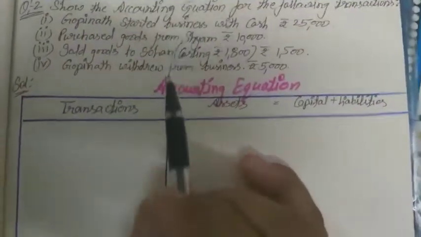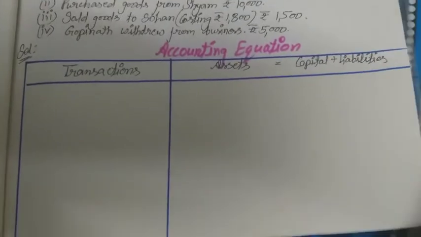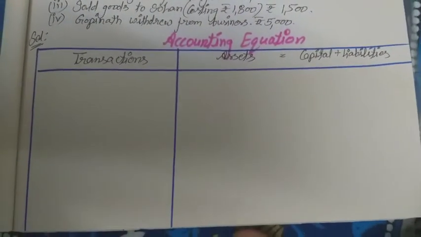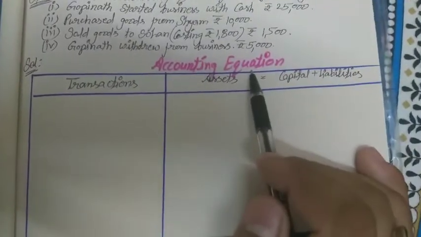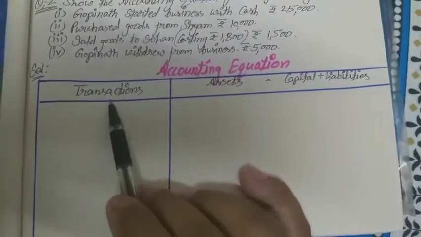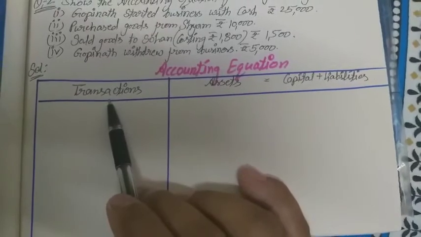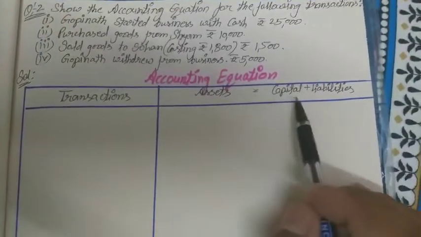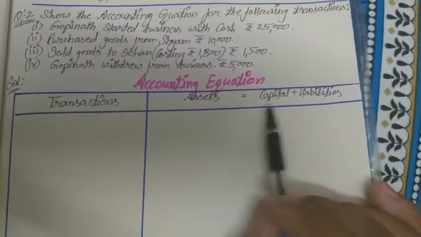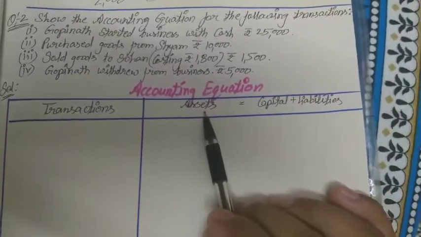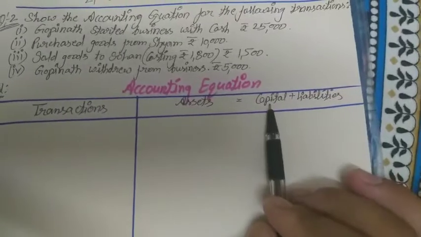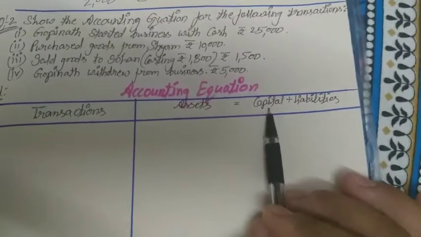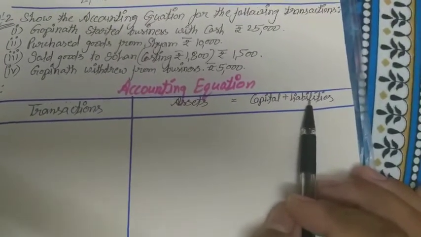First of all, we should learn to prepare the format of the accounting equation. This is the particular format. At the top, accounting equation, this column for transaction, and in this column the accounting equation I have written. Accounting equation means assets is equal to capital plus liability. Liability may come before the capital, so liability plus capital we can also write here.